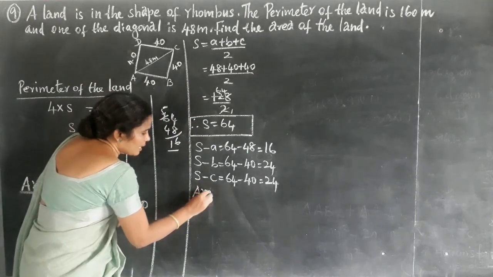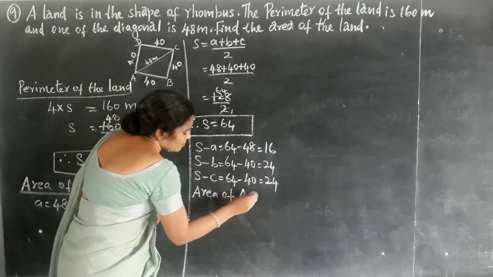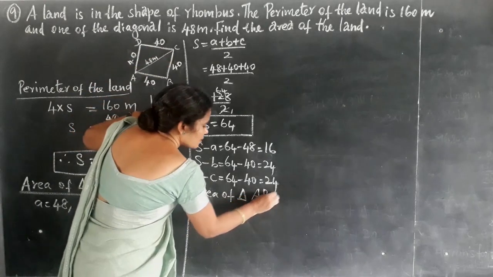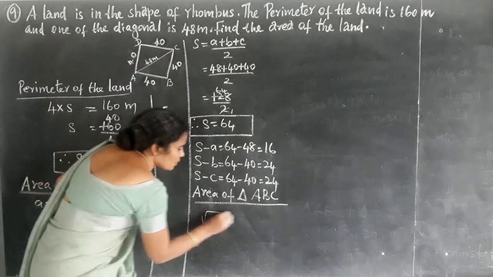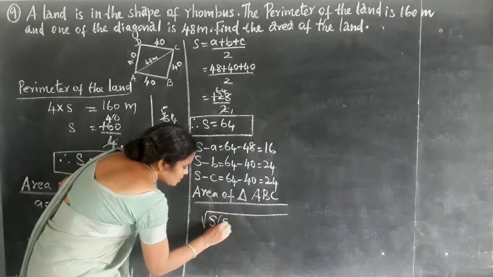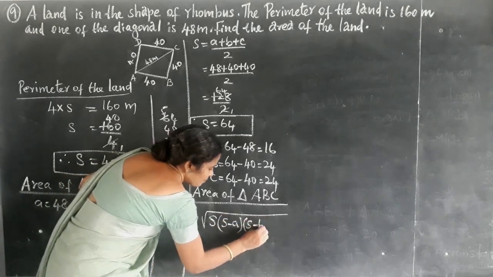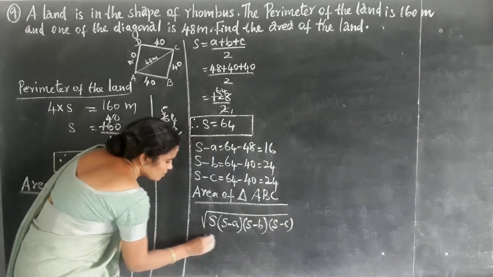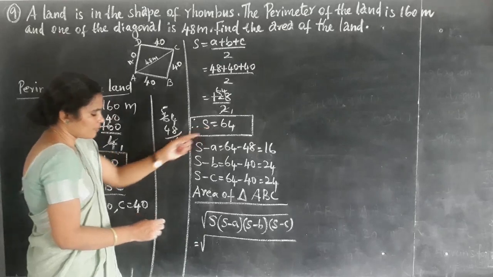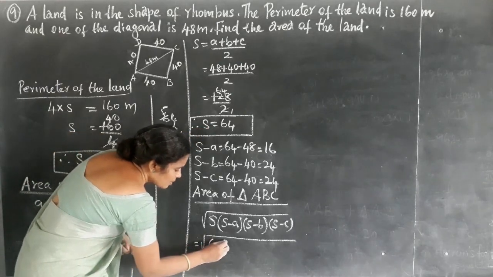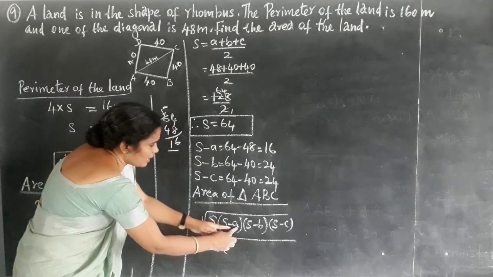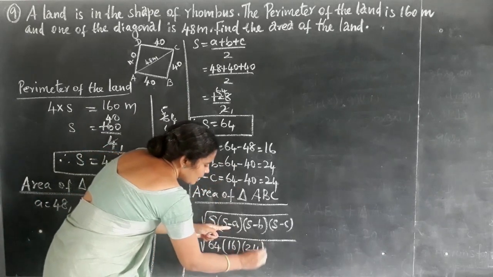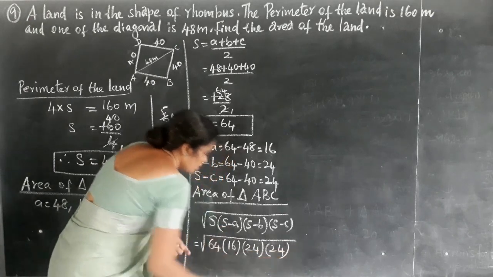Now the area of triangle ABC is equal to the square root of S times (S minus A) times (S minus B) times (S minus C). So S is equal to 64, S minus A is 16, S minus B is 24, S minus C is 24.